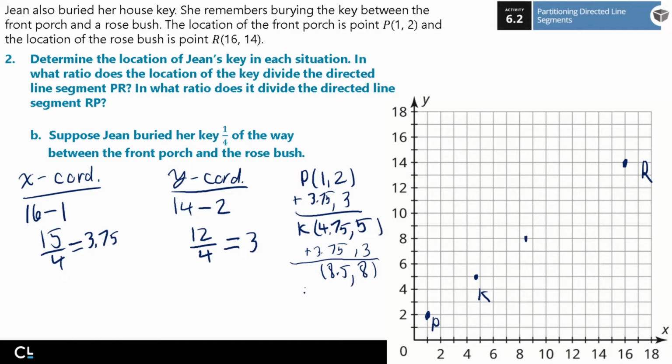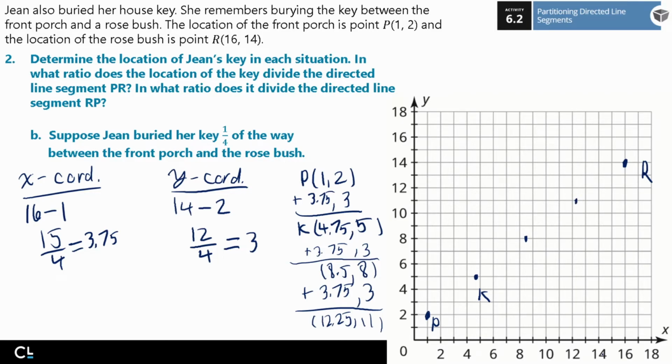Then we add one more, 3.75, comma 3. 8.5 plus 3.75 would be 12.25, comma 8 plus 3 is 11. I'm going to go 12.25 all the way up to 11. About here, and there we go.